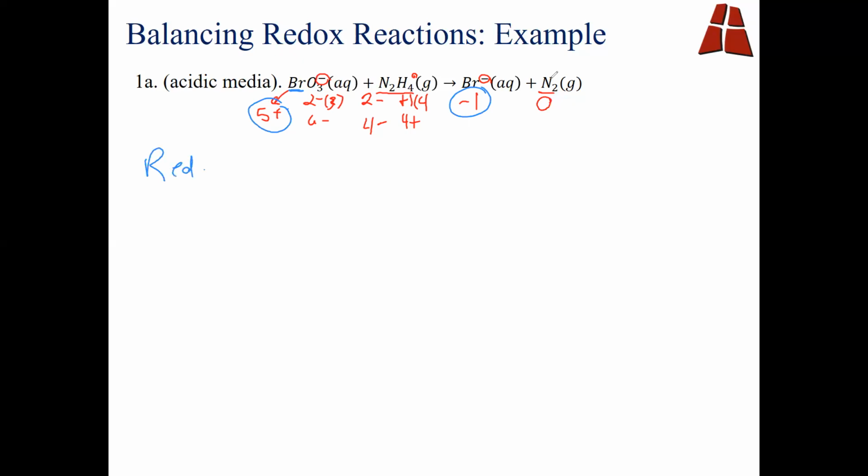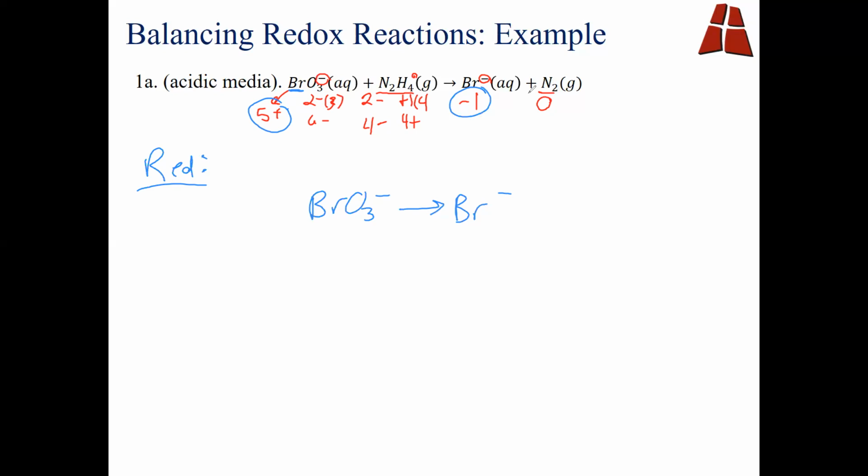So our reduction half reaction would be, start off by saying, BrO3- turning into Br-. Okay, and I'm going to switch colors, so we can talk about our other reactant that is oxidized.